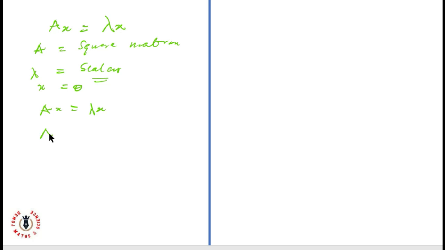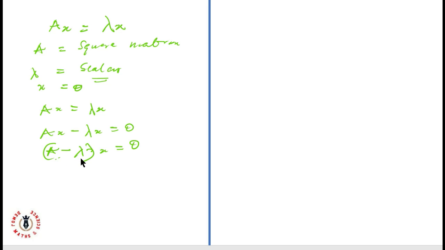You agree with me that AX minus lambda x will be equal to 0, such that A minus lambda into x should be equal to 0. But A is a matrix and lambda is a scalar.